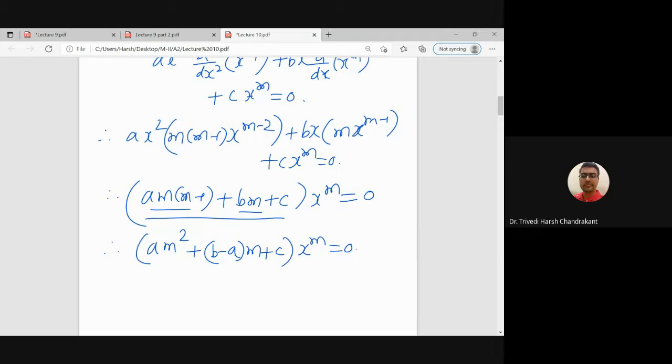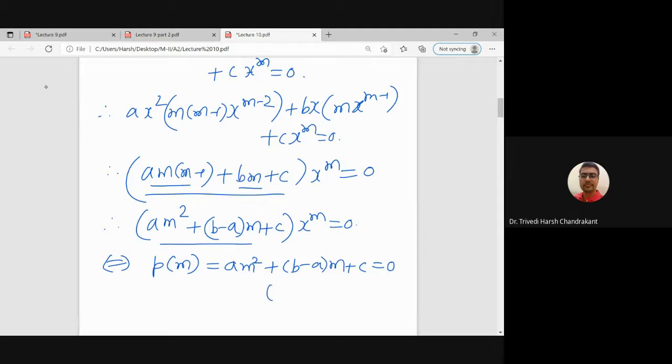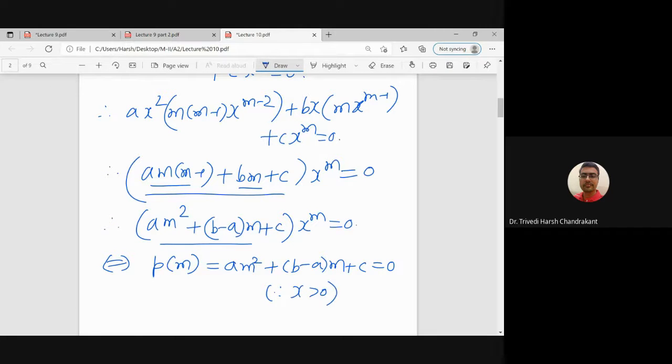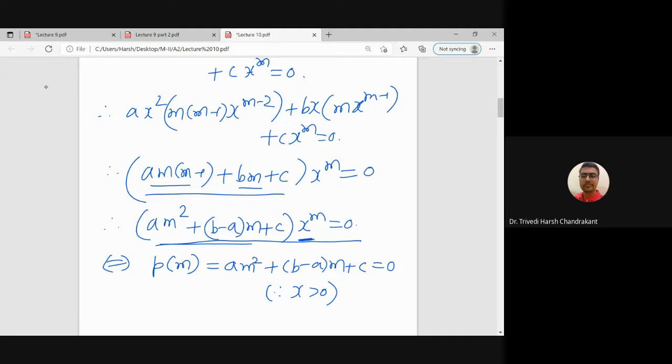And this is 0 if and only if the corresponding polynomial, which is am square plus b minus a m plus c, equals 0. Why? Because we are finding the solution for the positive real axis, that means x greater than 0. So x cannot be 0, that means this equation is 0 if and only if this polynomial is 0.